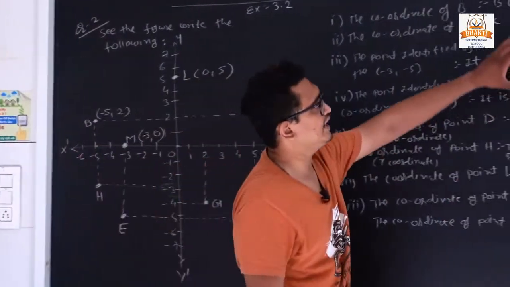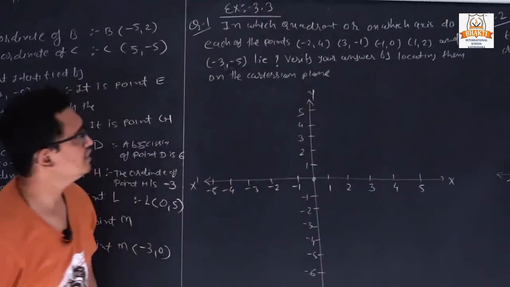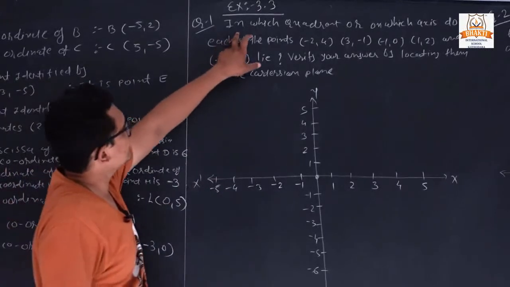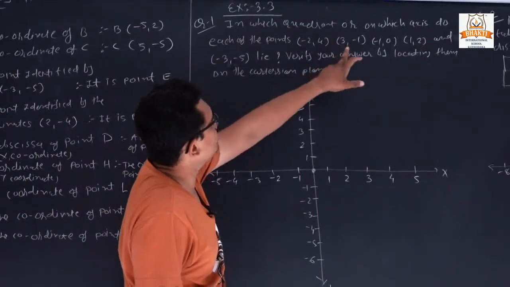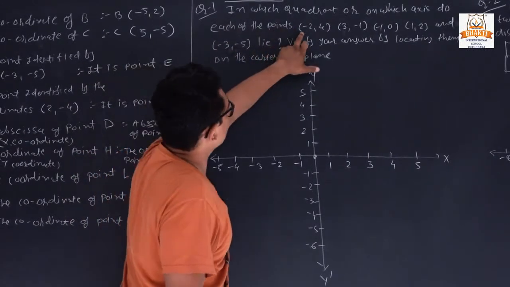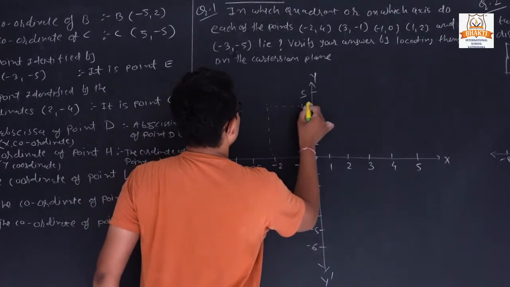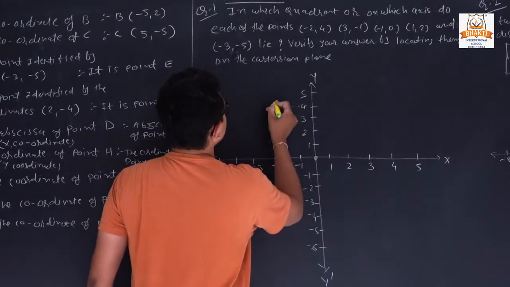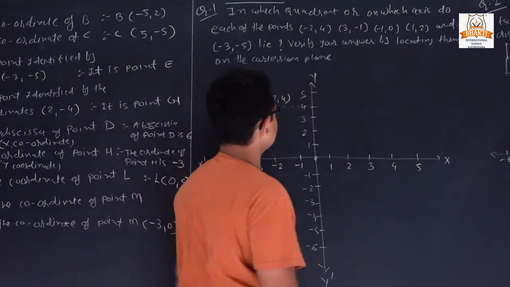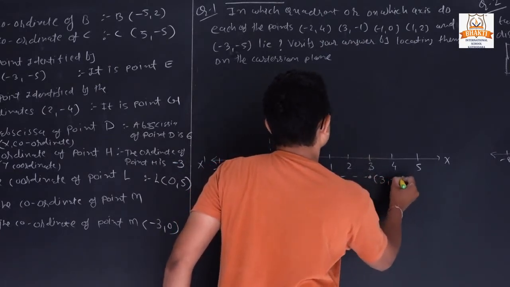Now we are going to our next exercise, exercise number 3.3. In exercise 3.3, they are asking in which quadrant or on which axis each of the points lies. First point (-2, 4), here. Next (3, -1), so it is here.